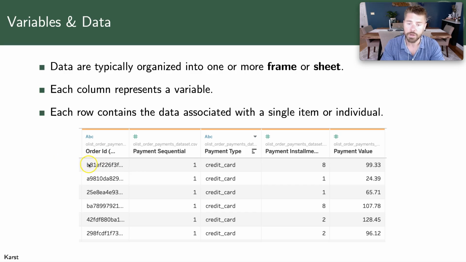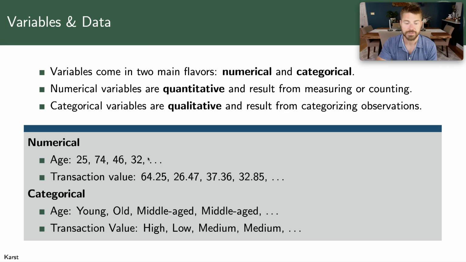And each row is data associated with a particular observation. The observation might be an order, a person, or a transaction, whatever each row represents in your particular data set, but all of these data are tied together in one particular observation. It's just by convention: columns are variables, entries are data, and rows are observations.